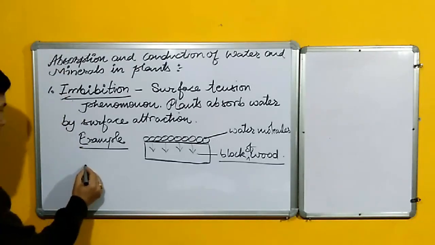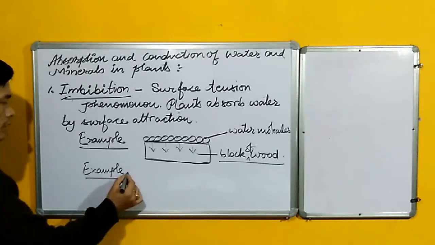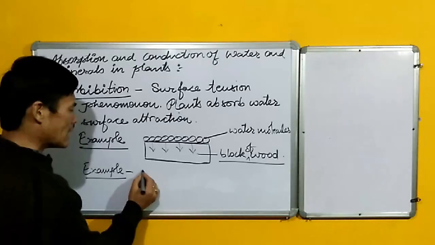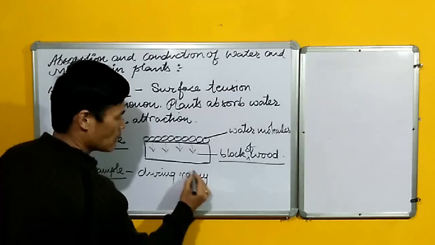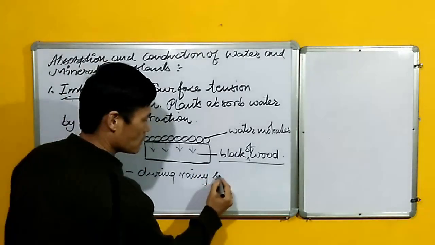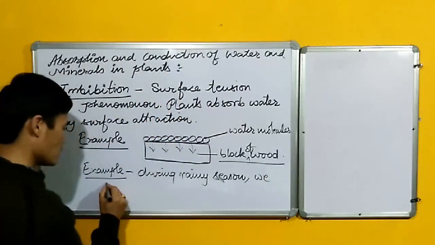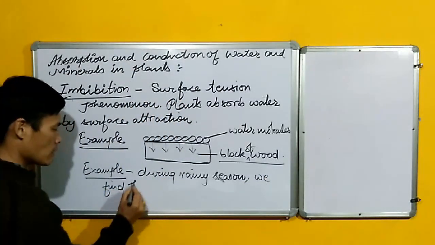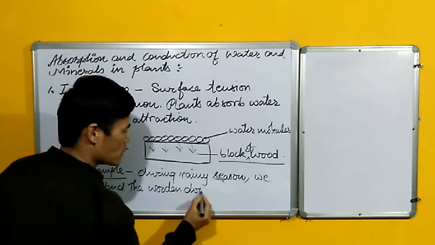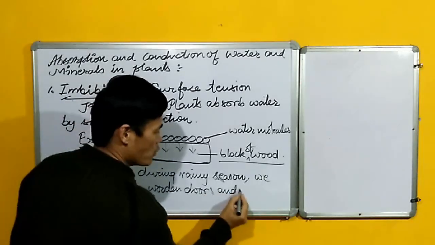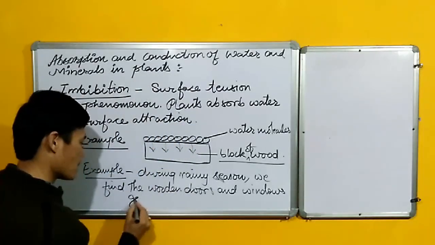Another good example which we generally see to understand imbibition would be normally during the rainy season, we find the wooden doors and windows gets jammed.